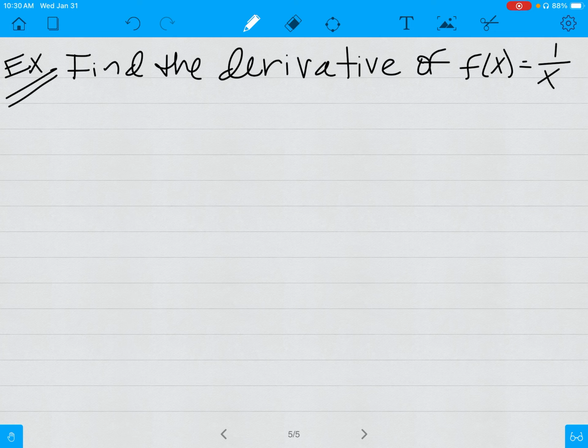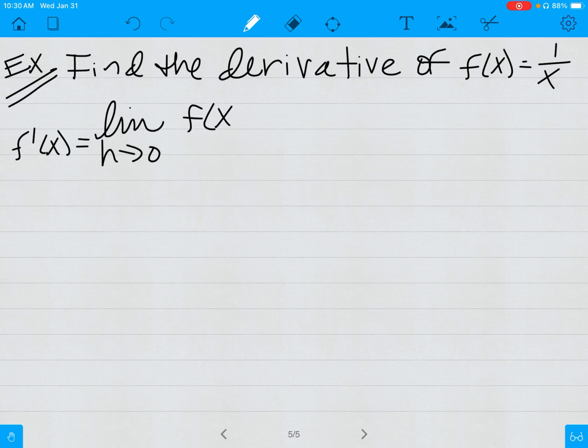Okay. So again, thinking about our derivatives, that f prime of x is going to be equal to limit as h approaches 0 of f of x plus h minus f of x, whole thing all over h.